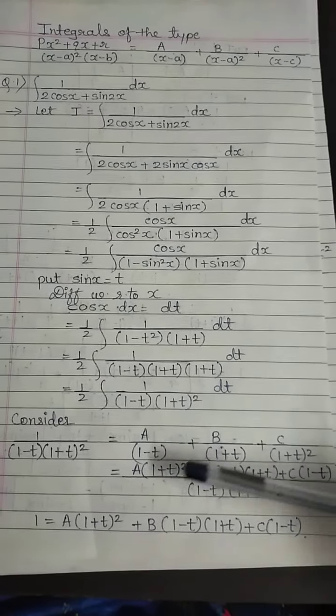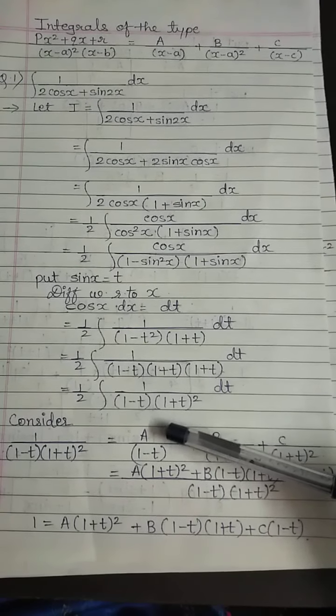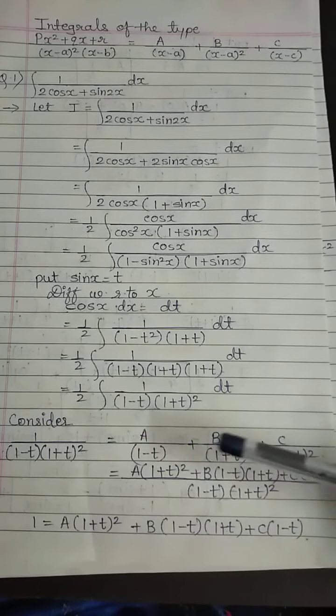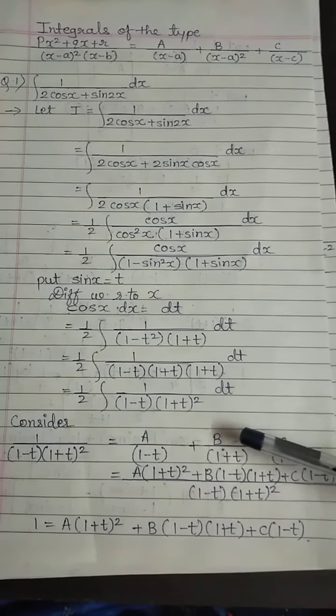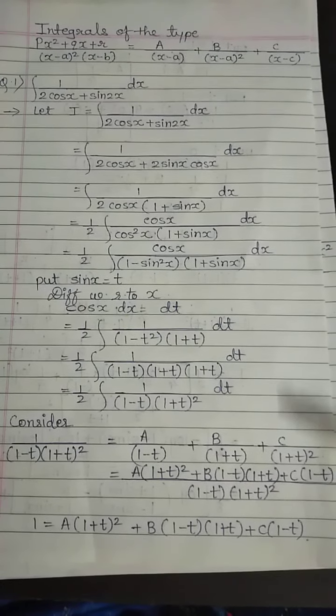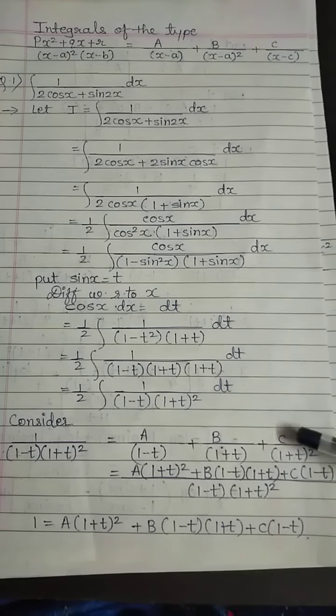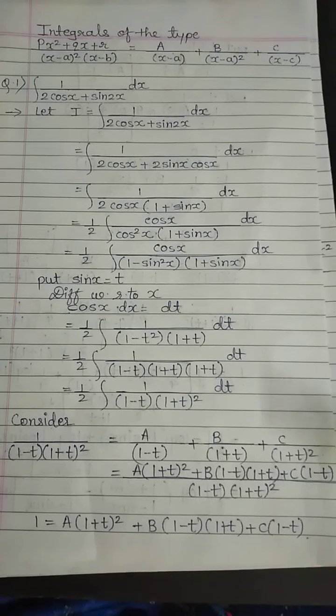Now since we want the same denominator on both sides, we will multiply and divide the first term by (1 + t) whole square. Similarly we multiply and divide the second term by (1 + t)(1 − t), and we multiply and divide the third term by (1 − t).